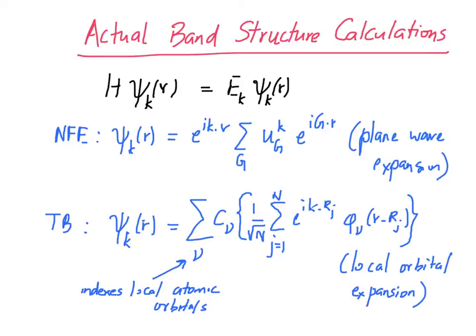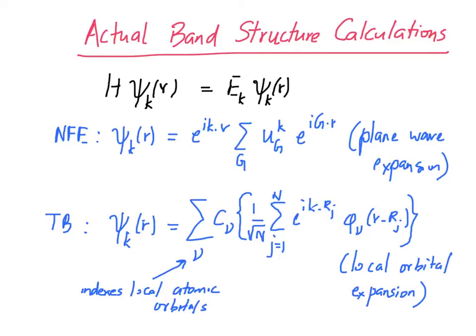And phi, the small phi of nu that we have over here, is our local atomic orbital. It's a local function. It's an atomic orbital, such as the 1s, 2s, 2p, and so forth orbitals. So we have once again an expansion over atomic orbitals in this case.